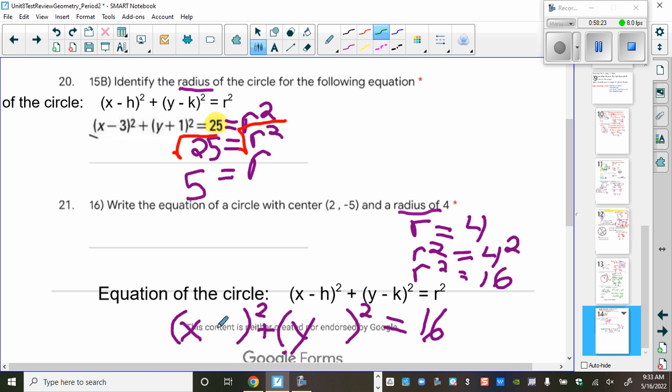So am I going to keep it as 2? Is it going to be x plus 2, or x minus 2? Do I keep my sign, or do I change it? Do I keep it plus 2, or make it minus 2?